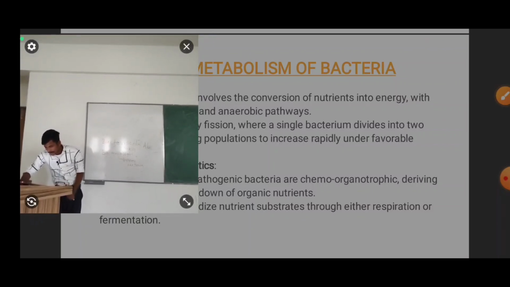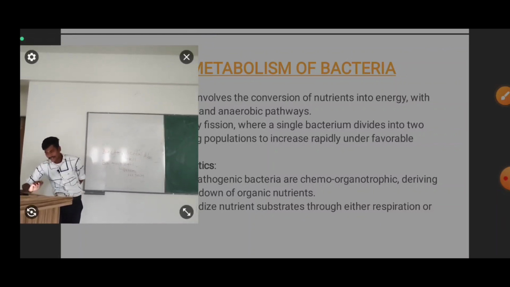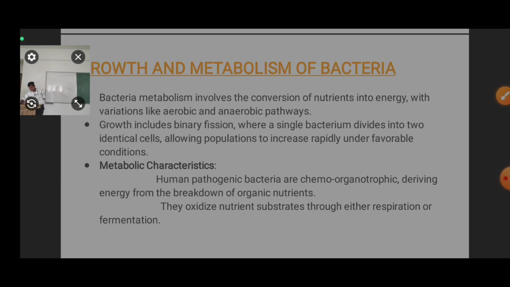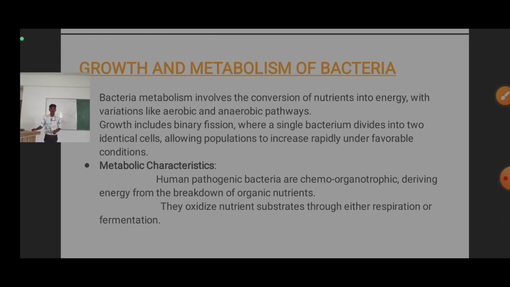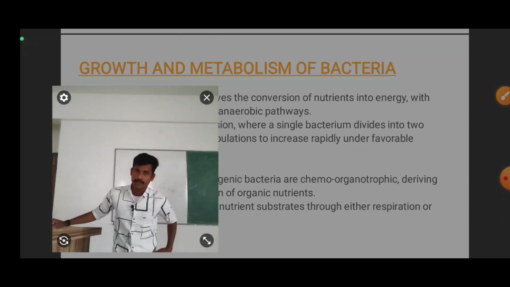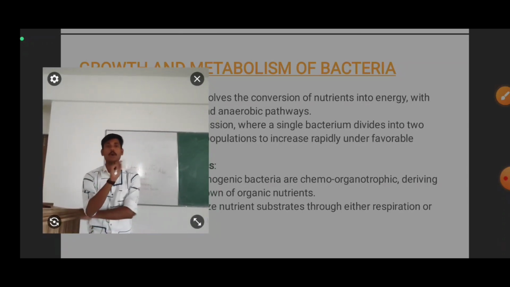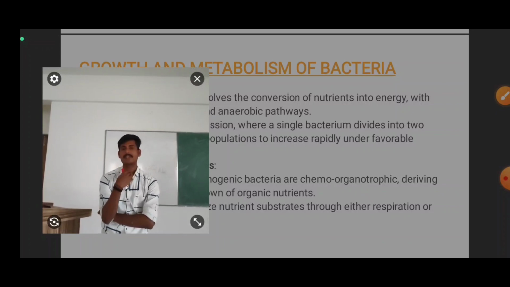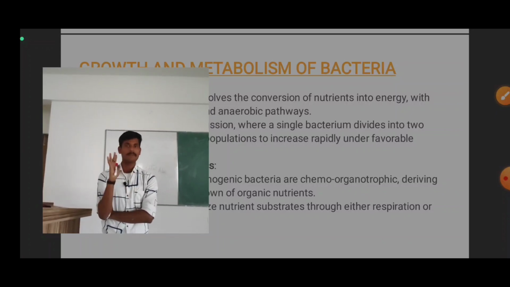Now, growth includes binary fission, where a single bacterium divides into two identical cells, allowing the population to increase rapidly under favorable conditions. Let me tell you one thing. Identical twins, identical copies. Bacteria don't show variation. As far as humans are concerned, we are a developed organism.